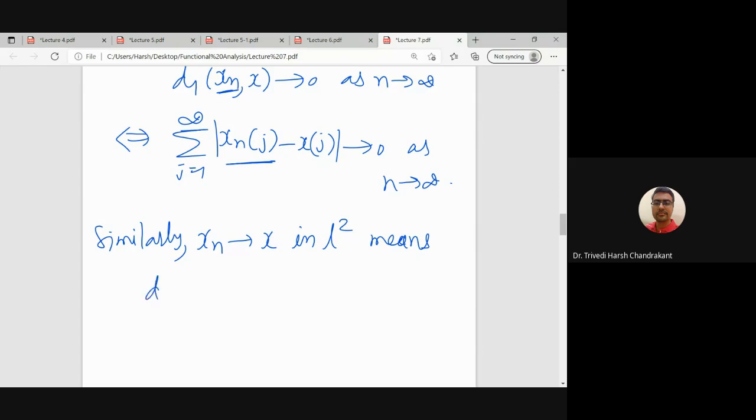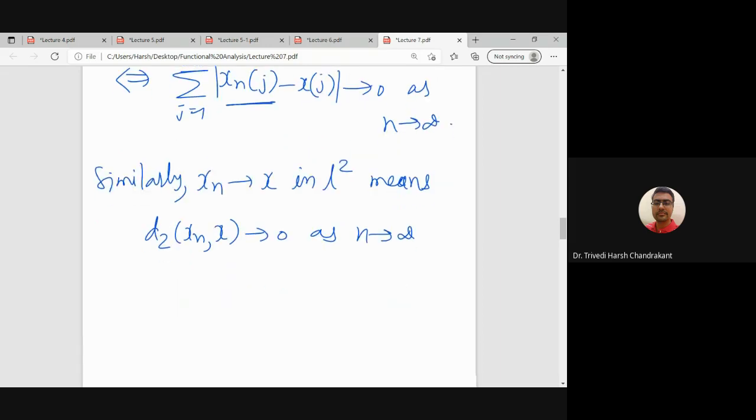So this means in the d2 metric, xn with x converges to 0, and that means the summation of xnj minus xj squared goes to 0 as n tends to infinity.